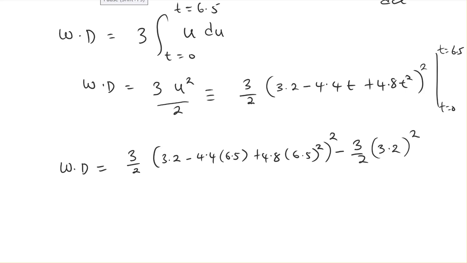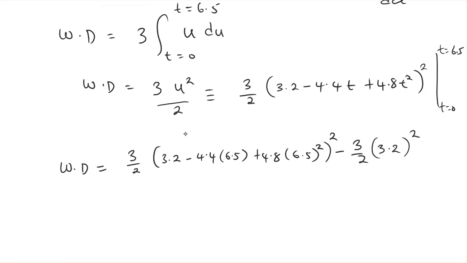So I'm just going to use my calculator to find what that sums up to. Okay, I'm going to do the inside brackets without skipping many steps. So I'll have 3.2 minus 4.4 times 6.5 plus 4.8 times 6.5 squared, all squared, times 3 divided by 2.